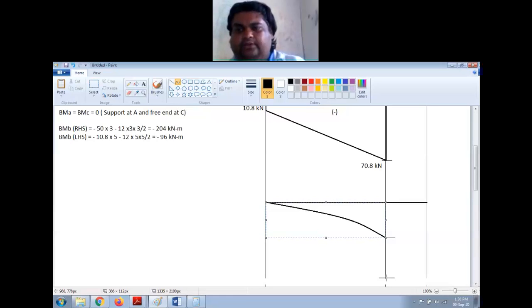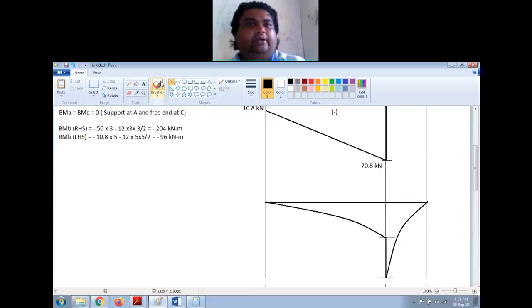Okay, so I'll assume that this is a parabolic curve, and between this point and this point you'll have another parabolic curve and a straight line here.